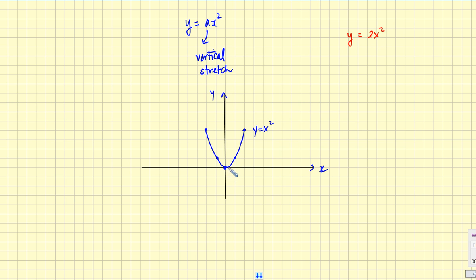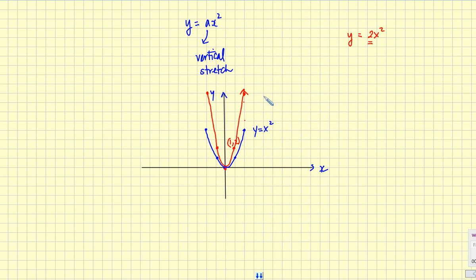Well, essentially what's going on is that all the y values are being multiplied on the original x squared graph. All the y values are being multiplied by the value of a, which in this case is 2. So (0, 0) will stay where it is, and then (1, 1) will go to (1, 2), because my y value was a 1. The point (2, 4) on the original graph will go to (2, 8). So it's 4, 5, 6, 7, 8. And then it's going to be the same on the other side because it's symmetrical. Okay? So my graph will look something like this.